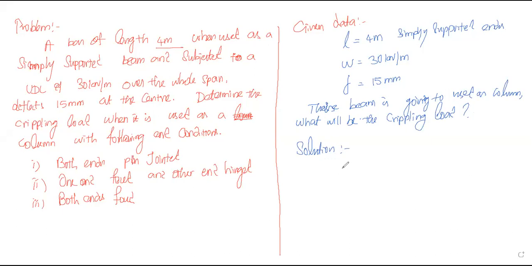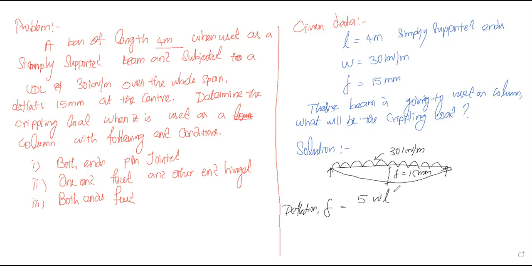First, the beam is simply supported and the load is acting on the beam over the entire span, a load of 30 kilonewton per meter, and it has a deflection of 15 mm at its span. From the formula we know that the deflection of the beam delta is equal to 5 W L power 4 divided by 384 EI.